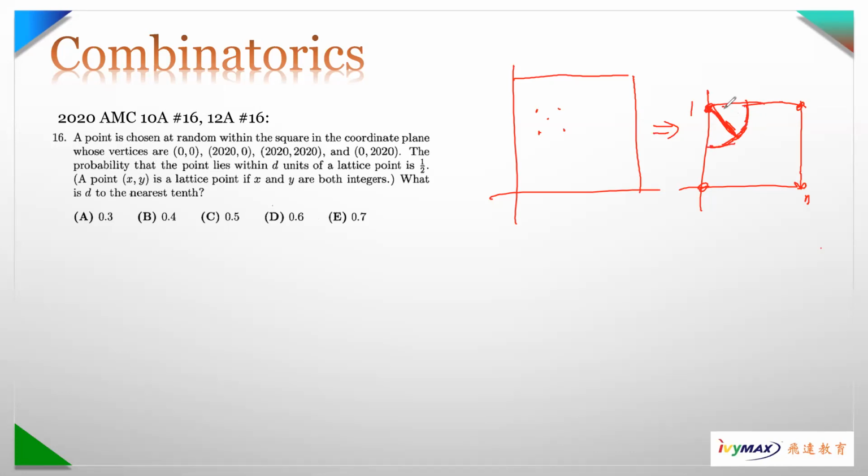With radius d, any point inside this quarter circle is within d units of this vertex. Similarly, for the other 3 vertices, I can do it in the same way.